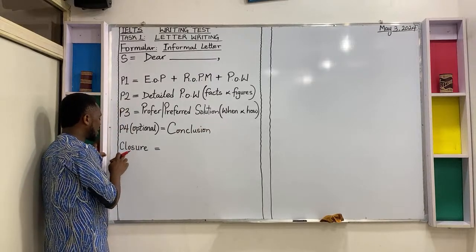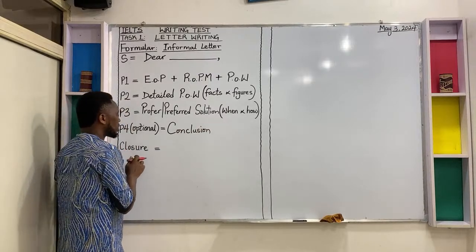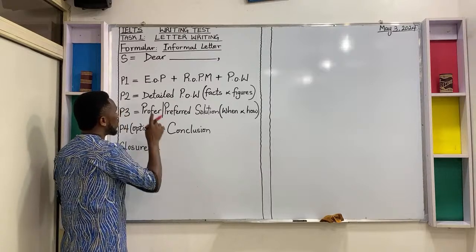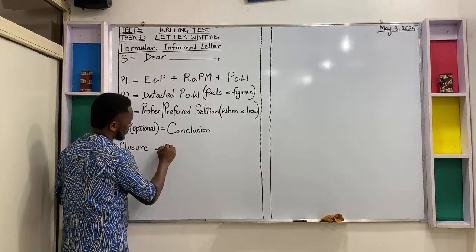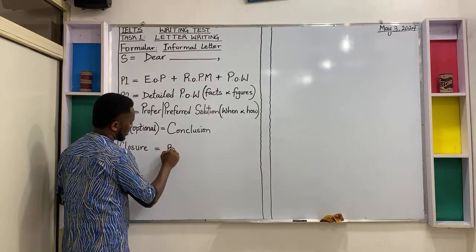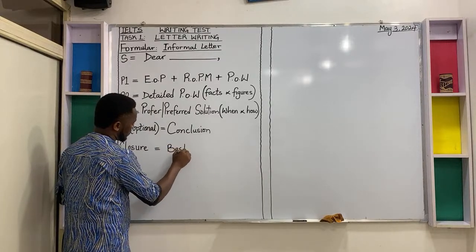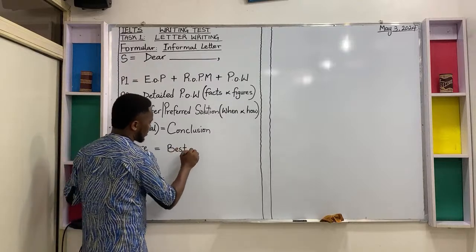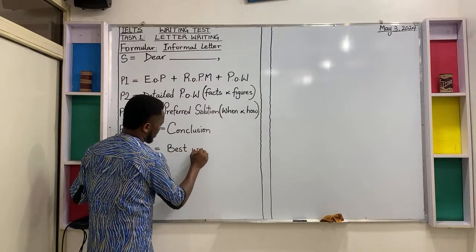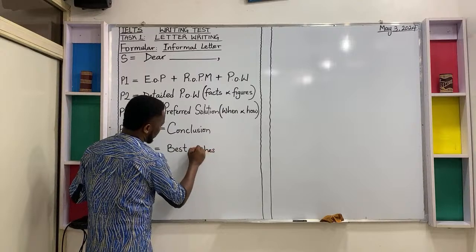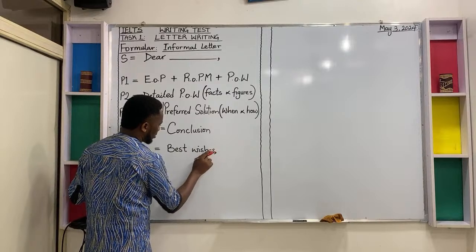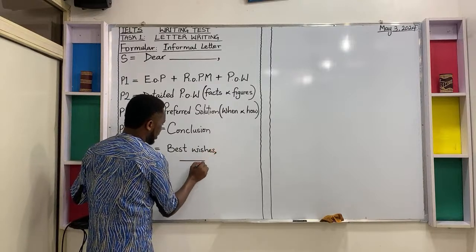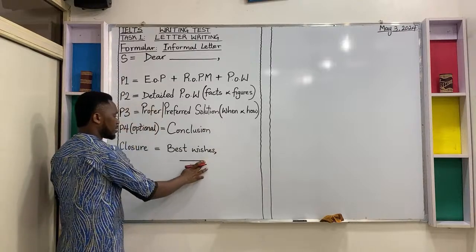And then lastly, we have closure. The closure for informal letter can be best wishes, your comma comes in, then just a name. It could be a nickname.